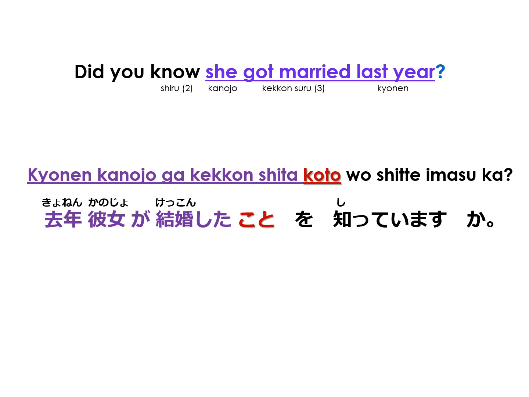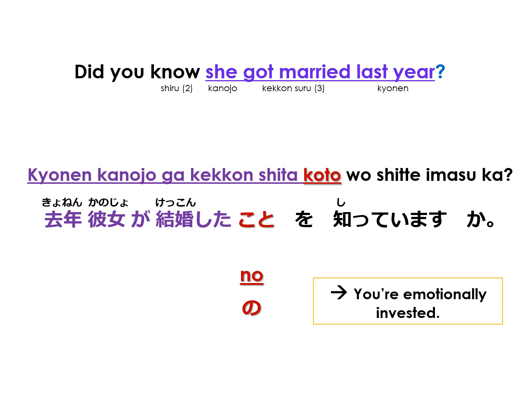We can also nominalize using the particle no and impart an emotional connection. 去年、彼女が結婚したのを知っていますか? Again, an emotional connection. Maybe she was an ex-girlfriend.